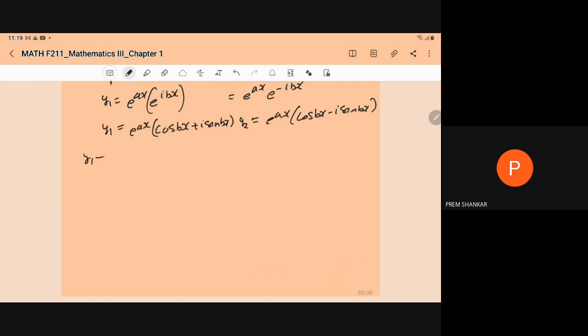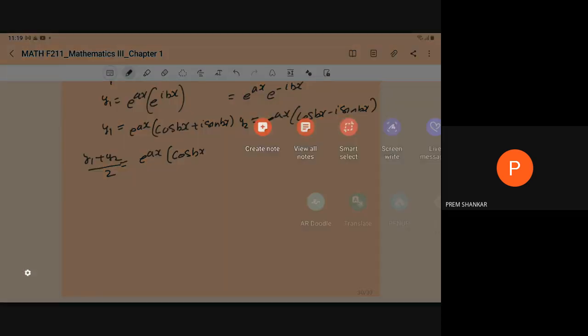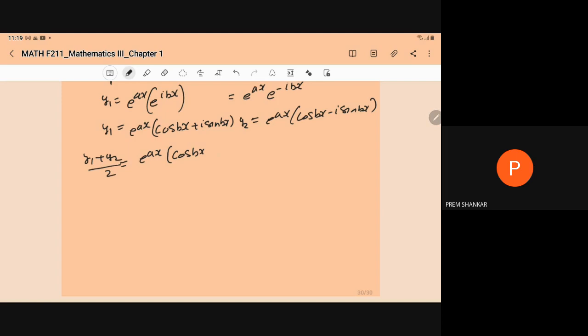So if you do (y1 plus y2) upon 2, what is y1 plus y2? e to power ax, then we have cos bx plus cos bx, that is 2 cos bx upon 2. So here we have cos bx, right?